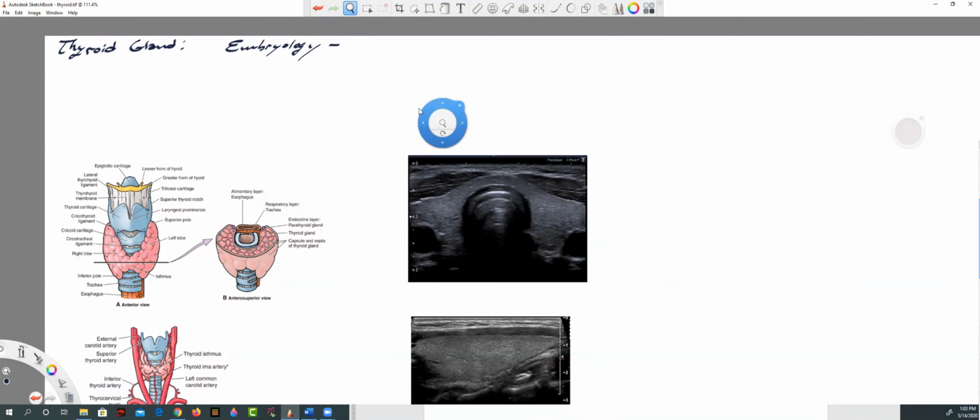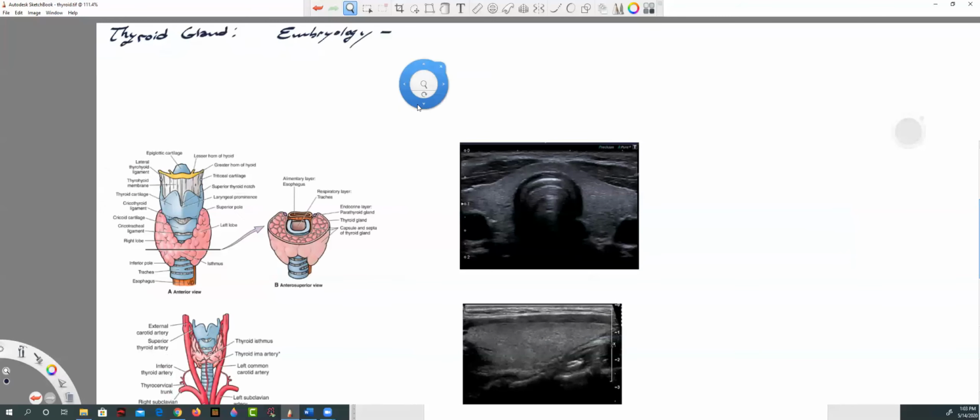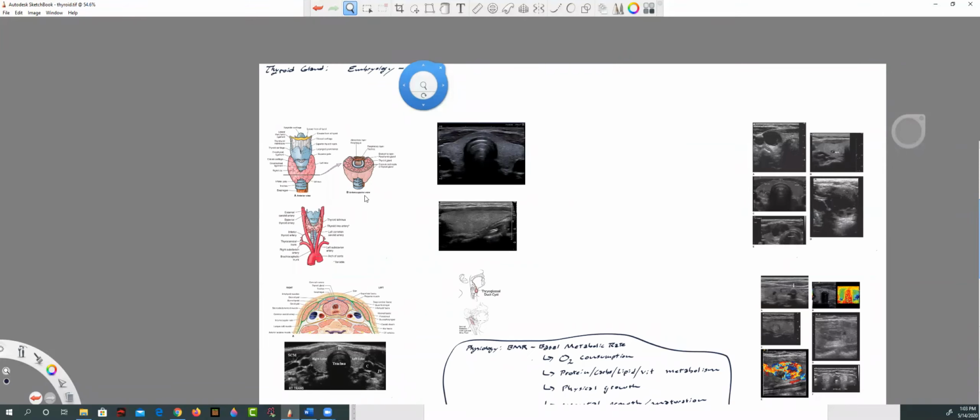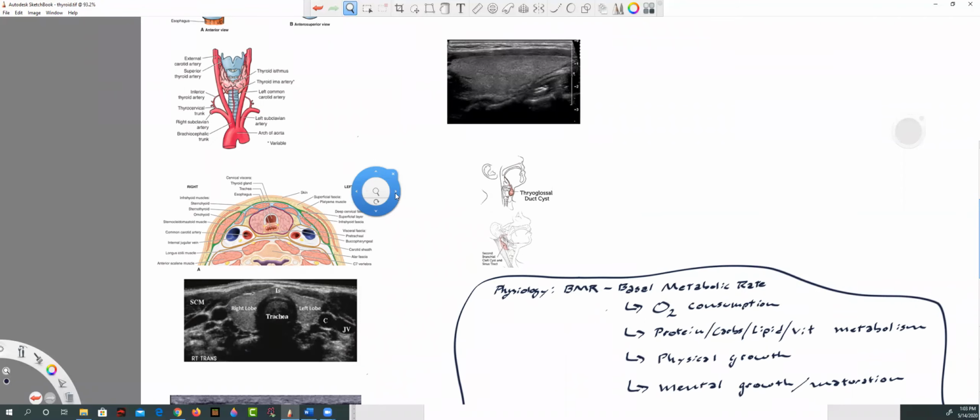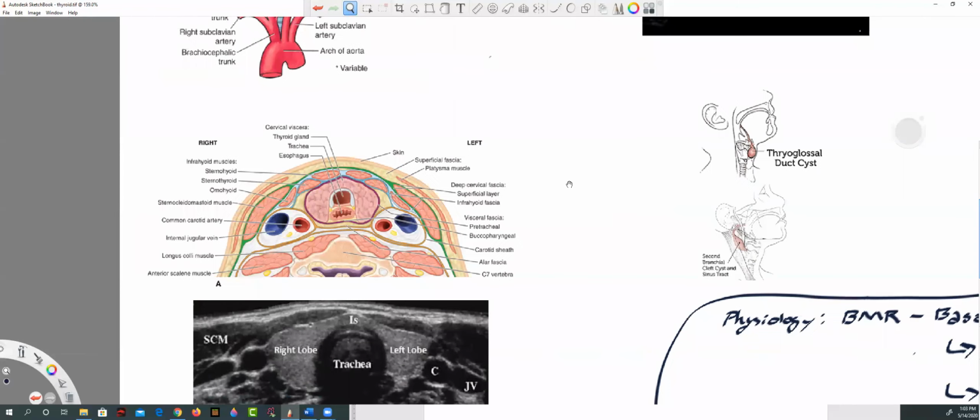But we're not going to quite get to thyroiditis today. We're going to talk about 2 minutes of embryology, and then a little bit on the anatomy. The anatomy of the thyroid isn't that hard.